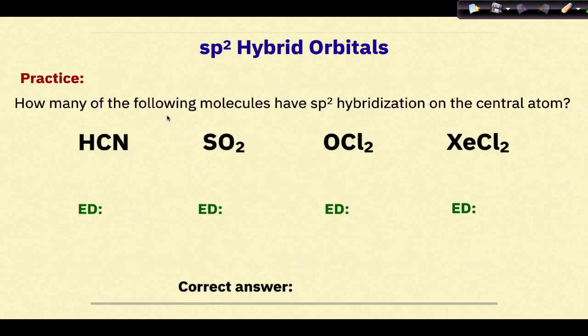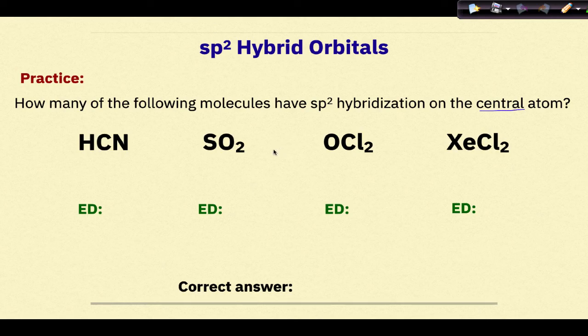Let's do a little practice. How many of the following molecules have sp2 hybridization on the central atom? So the first thing that you need to do is look at all of these molecules, and then you say to yourself, okay, what is my central atom, and do I know what the structure looks like? Some you might know off the top of your head, and some you might say, I need a moment to draw these out.